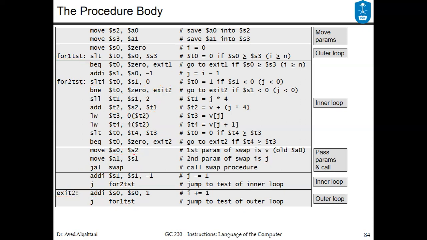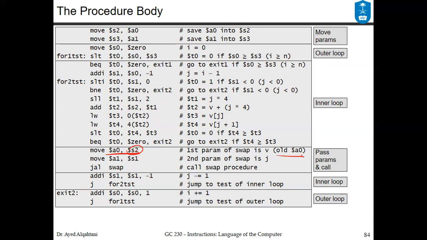There's something here that you need to notice. Notice that for A0, what we did here was take S2 and put it in A0. If you look at all the instructions before, you won't find any instruction updating the value of S2. So basically, we could have taken this out and kept A0 the same, because there is no change in S2.